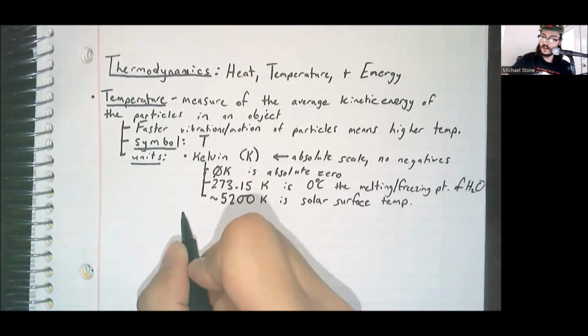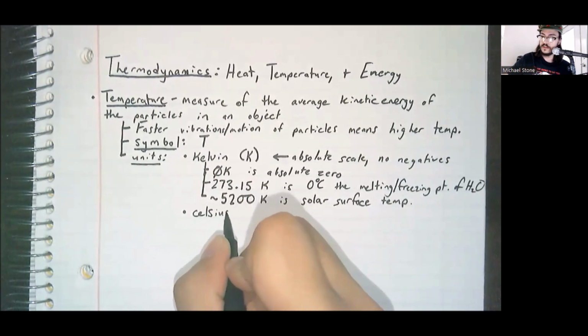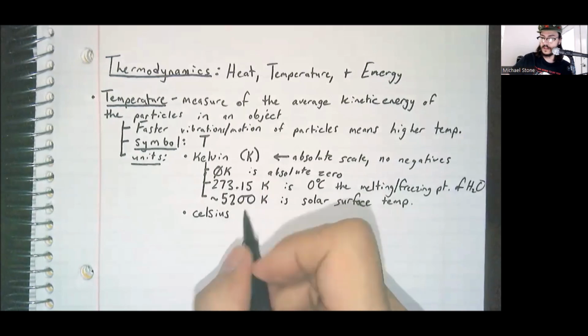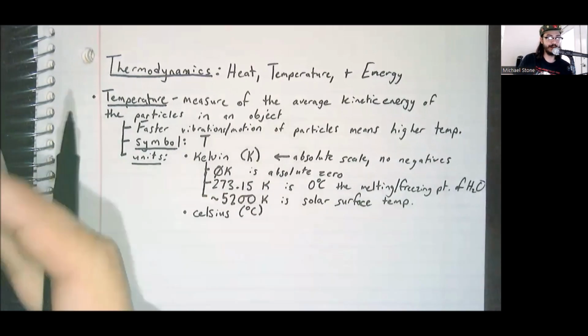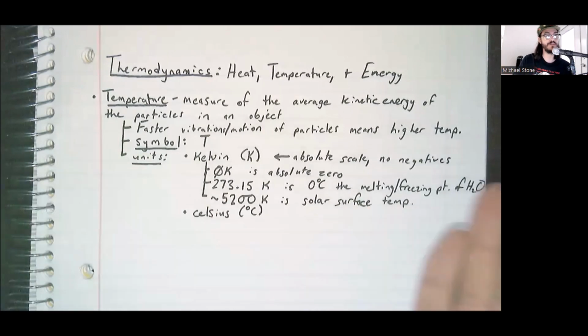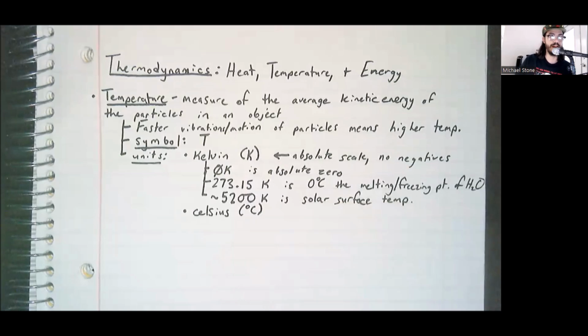The other units that we will use are Celsius. Celsius is excellent because the numbers just kind of make sense. 0 and 100 for freezing and boiling. Well, unsurprisingly, it's based on water, where you have 0 to 100, and then it's chopped up into intervals between that, and then it keeps going above and below. So Celsius works really well for that.